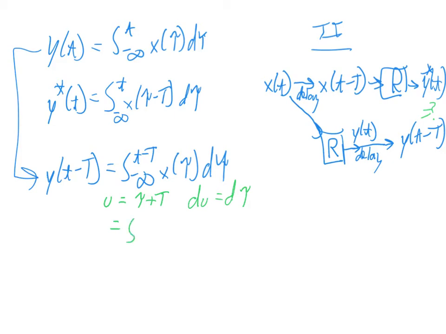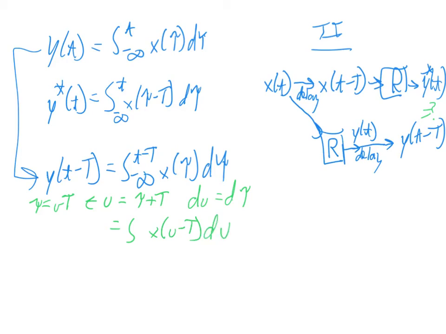So now I have, let me solve this here to find out what my taus become. So my taus are going to be u minus capital T because of the substitution that I did. So now I need to replace all the taus with u minus capital T. So in the integral, I have x not of tau, but of u minus capital T. Instead of d tau, I have du.